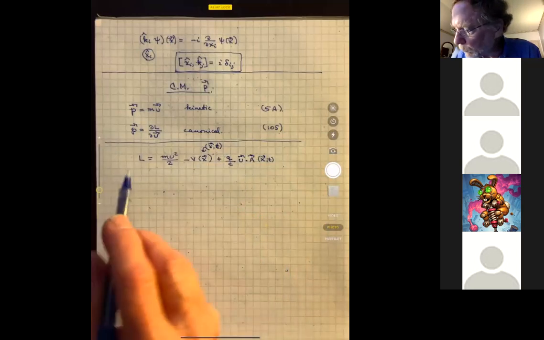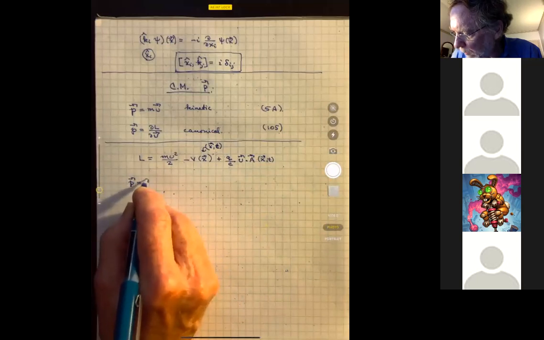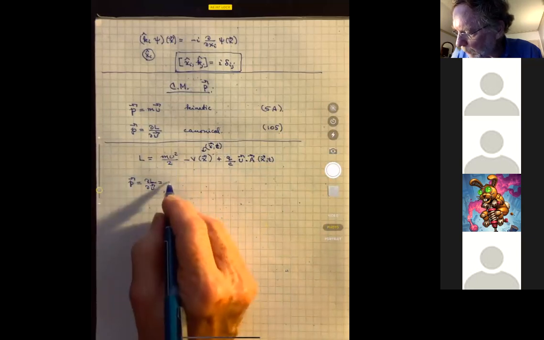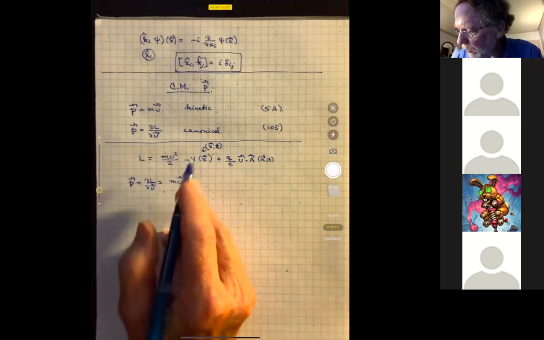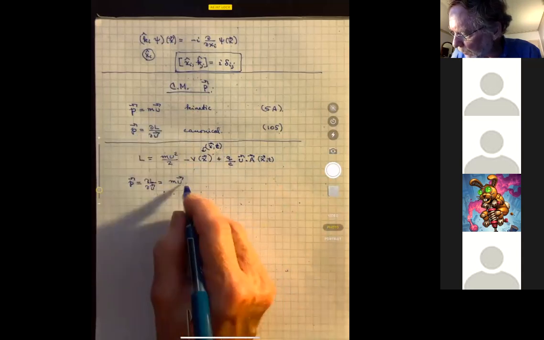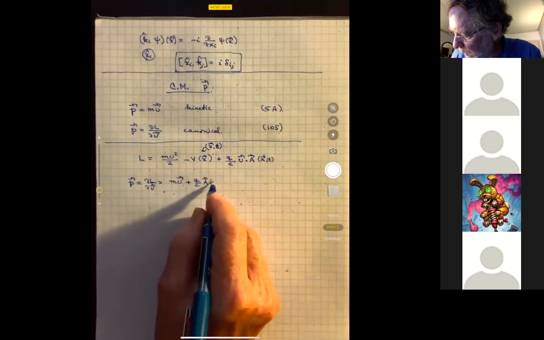In any case, this is the Lagrangian for a particle moving in a scalar potential as well as possibly a magnetic field. If we now apply the definition of the canonical momentum as dL/dv, you can see that coming from the kinetic energy term, we get mv, which is the kinetic momentum. But if there's a vector potential around, there's another term too, which is q over c times the vector potential itself.